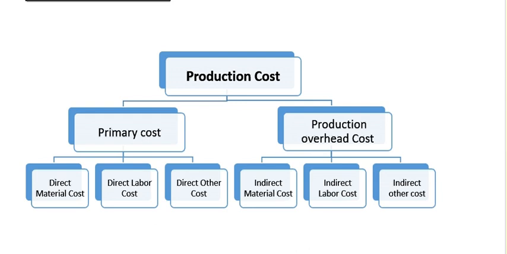Primary cost includes three things: direct material cost, direct labor cost, and direct other cost. On the other side, production overhead cost includes indirect material, indirect labor, and indirect other. So you can understand that primary cost means all the direct cost, and production overhead means all the indirect cost.